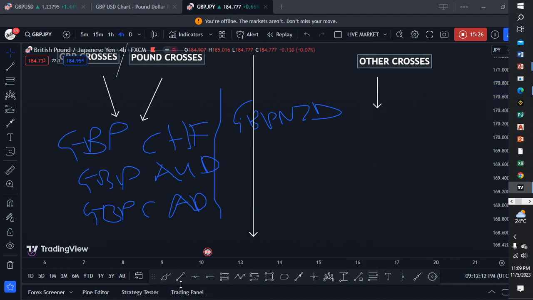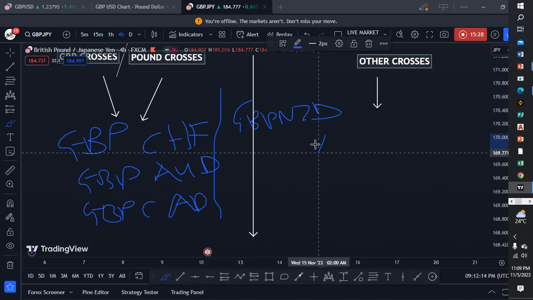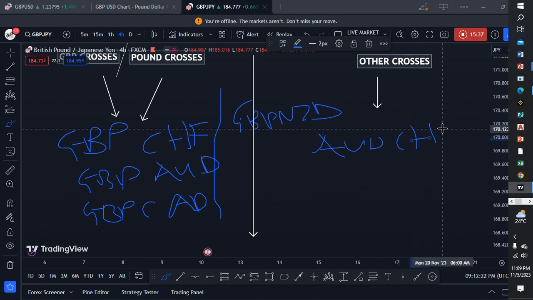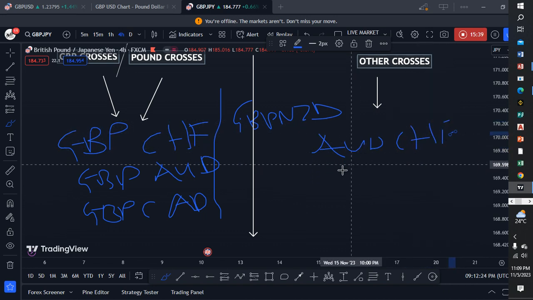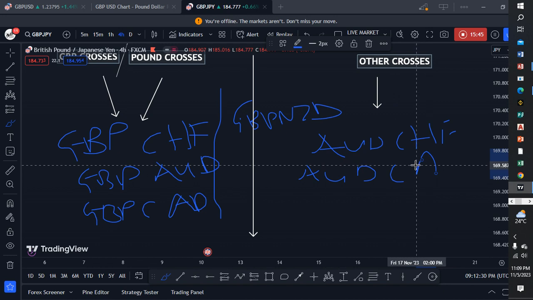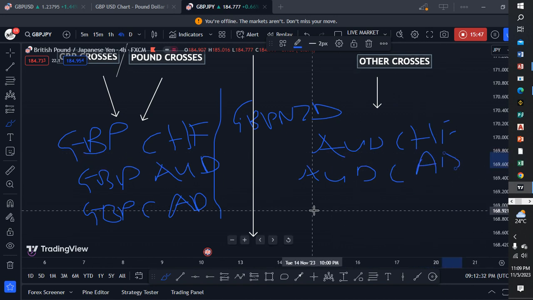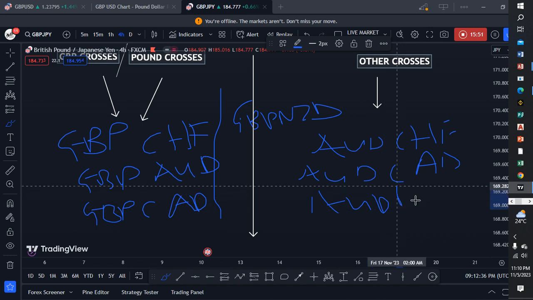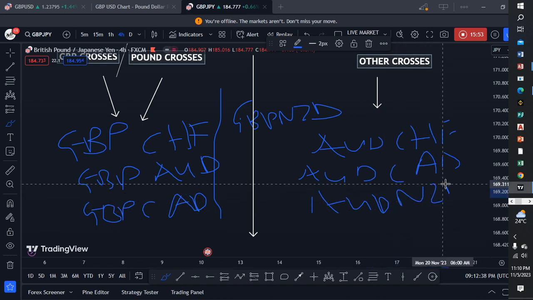You have as other crosses the Australian dollar and the Swiss franc. You have the Australian dollar and the CAD. You have the Australian dollar and the New Zealand dollar.